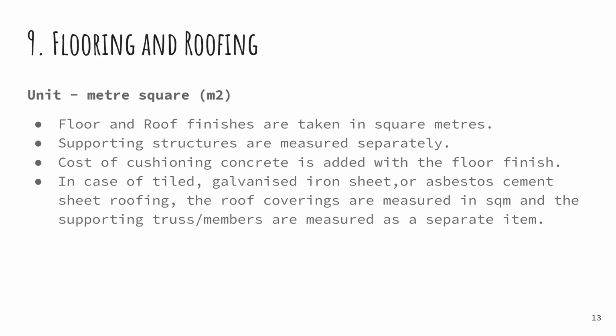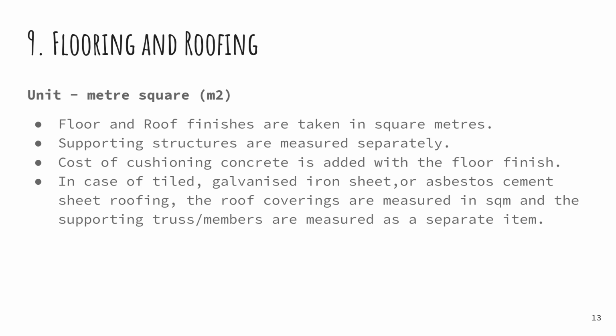So that is measured separately, and the finish is measured separately. Okay, the cost of cushioning concrete is added with the floor finish. So when you're providing the floor finish, there would be a small cushioning concrete that you provide just above the slab. So the cost involved with the cushioning concrete would be added with the floor finish.